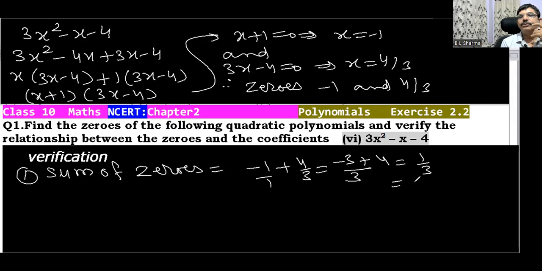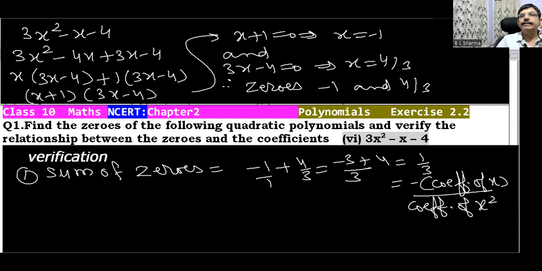And that is equal to negative of coefficient of x upon coefficient of x square. See here, यहाँ पे आप देखें ये x का कोएफिशिएंट है वो -1 है और नेगेटिव नेगेटिव प्लस and the coefficient of x square is 3.